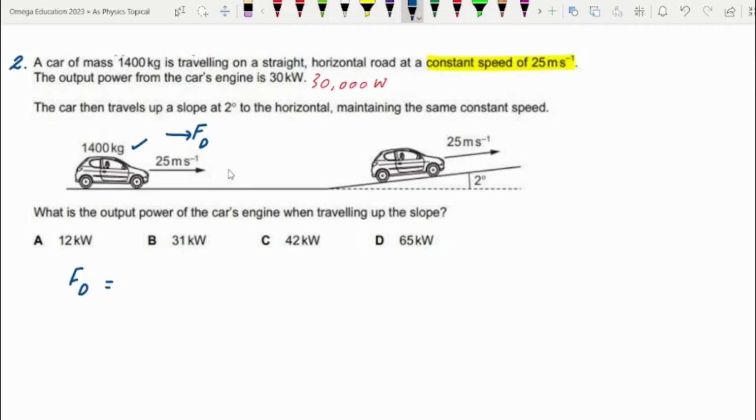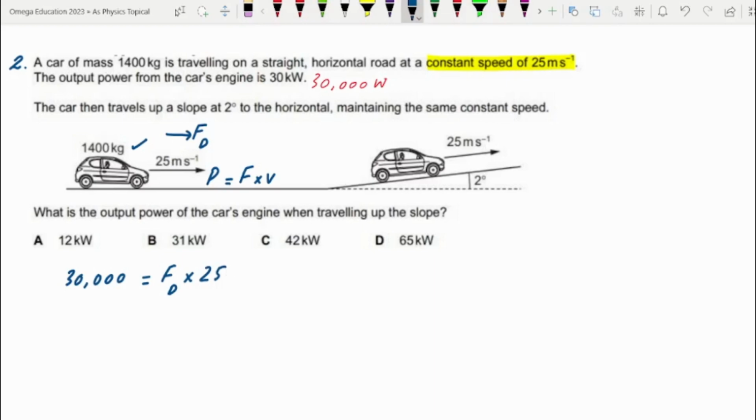Since you know the relation between force, power, and speed is P equals F times V, and we are given the value of the output power, which is 30,000, we can write 30,000 equals the driving force we need to find, times the speed, which is 25.